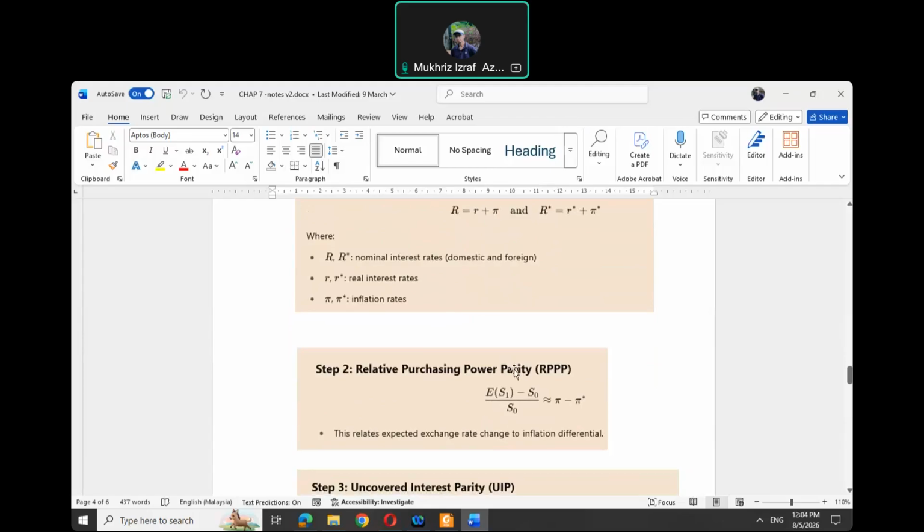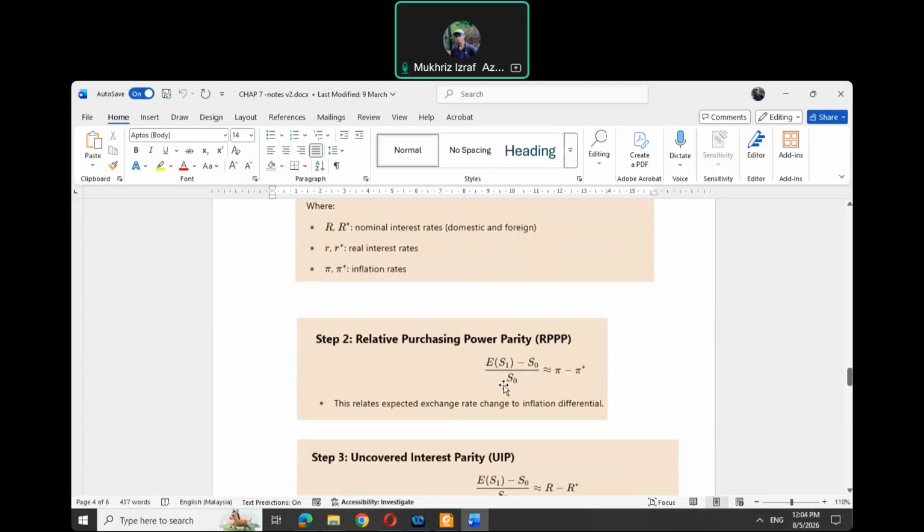Okay, and then what is relative purchasing power parity? So we learned this, I think, in chapter number 3, if I'm not mistaken. PPP or purchasing power parity, and then we have the word relative. Relative is you take into account the changes in exchange rate or the changes in inflation rate differential.